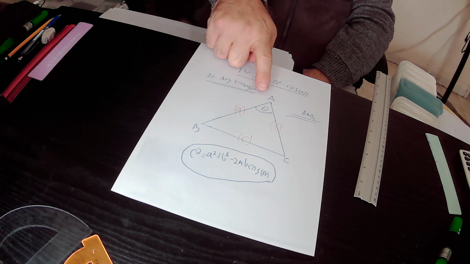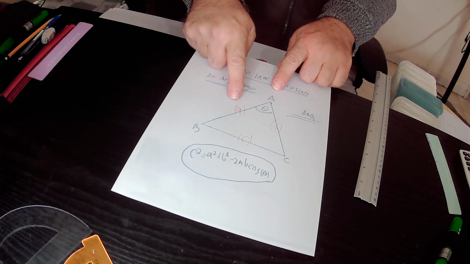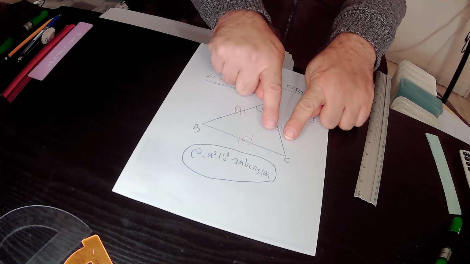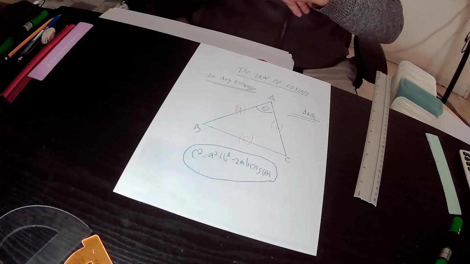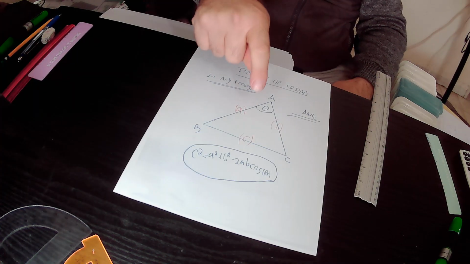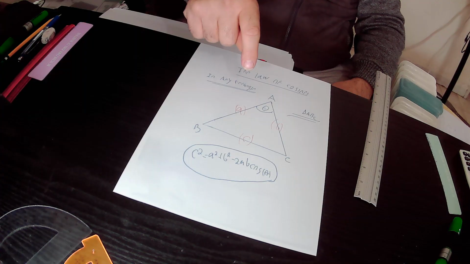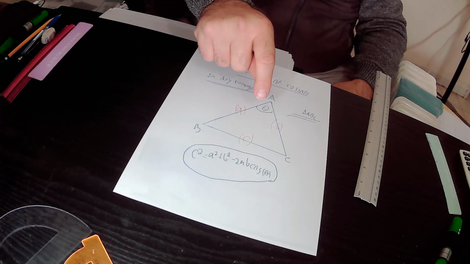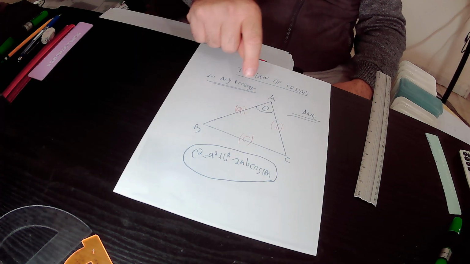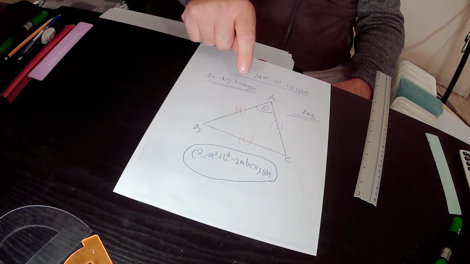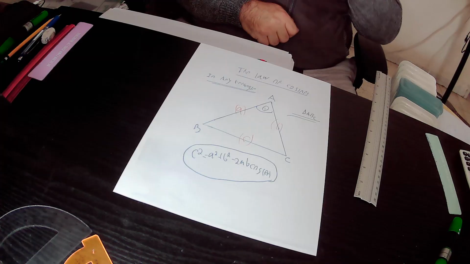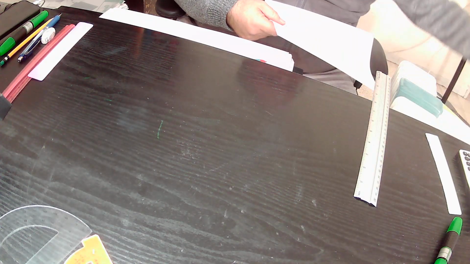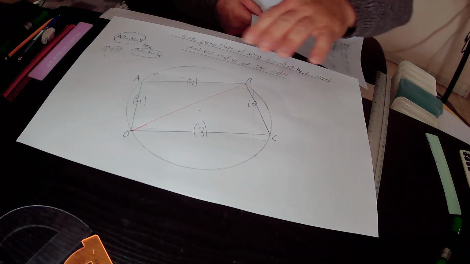Angle BAC equals theta, BC equals a, AC equals b, AB equals c. In this triangle, the following equation is true: c squared equals a squared plus b squared minus 2 times a times b times cosine theta. Again, c squared equals a squared plus b squared minus 2ab cosine theta. So we implement the law of cosines on both of these two triangles.